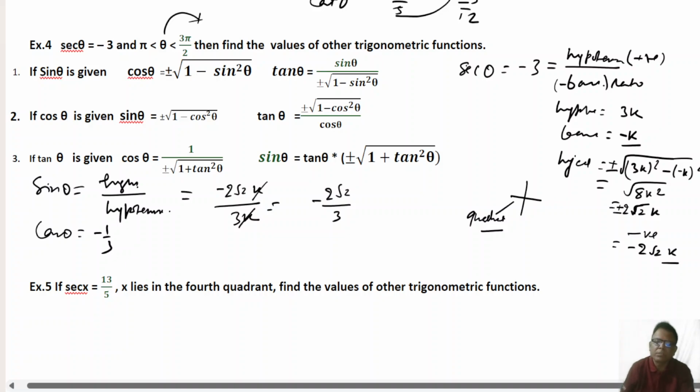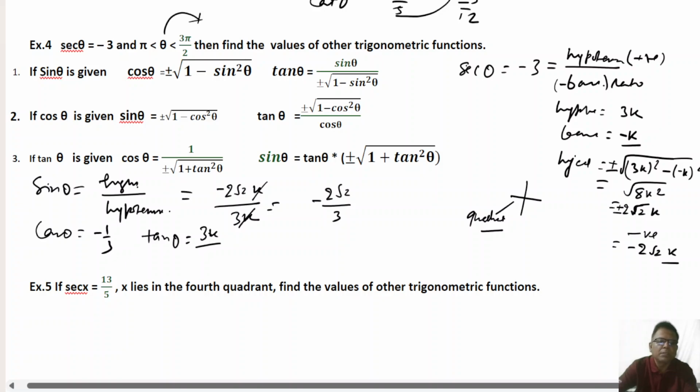Now come to tan theta. How will you calculate?